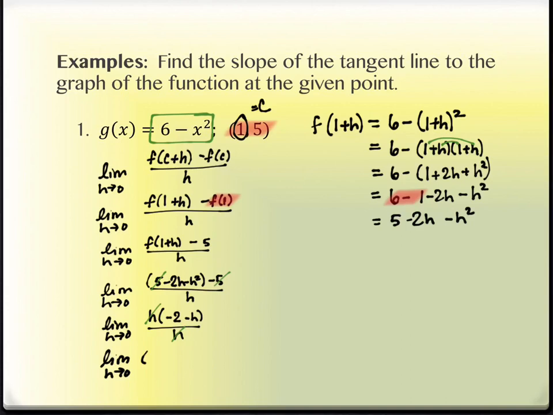So I'm left with the negative 2 and the minus h. And up until this point, I couldn't let h be 0 because we would have a 0 in the denominator. But at the point when the h in the denominator is able to reduce with an h in the numerator because it factored out, now I can let h be 0. So this is negative 2 minus 0, or just negative 2.